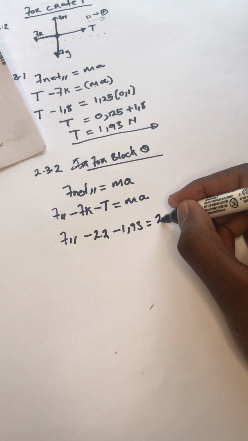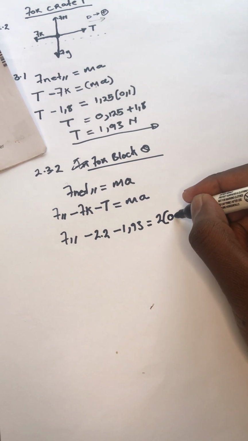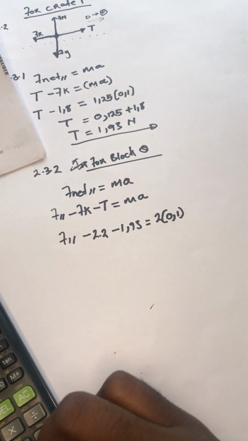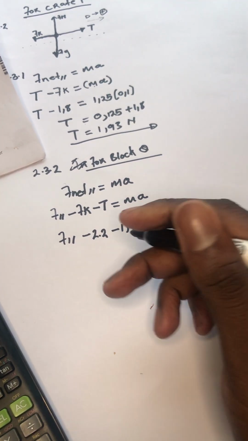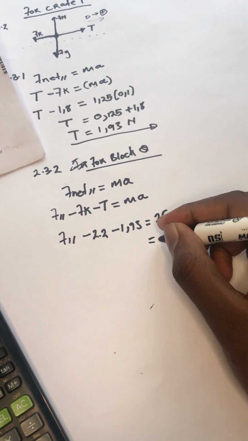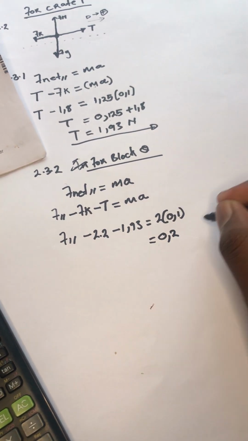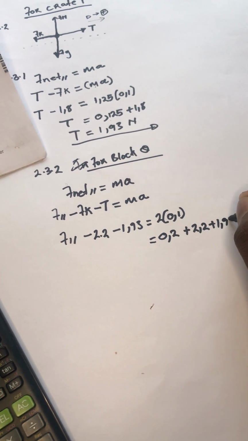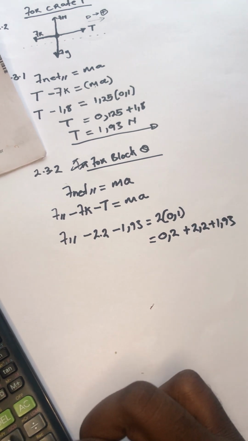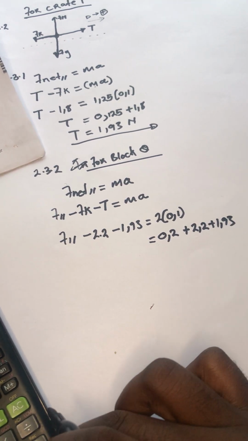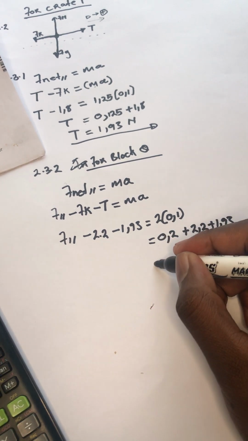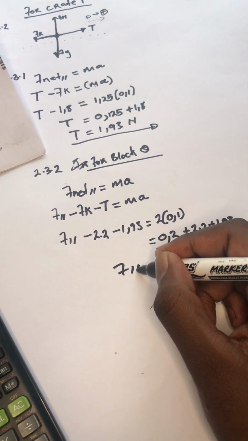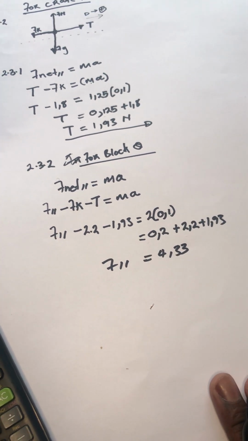And mass is 2 kg, and the acceleration is 0.1. If we add, 2 times 0.1, that is 0.2, plus 2.2 plus 1.93, that is 4.33. So F parallel is equal to 4.33.